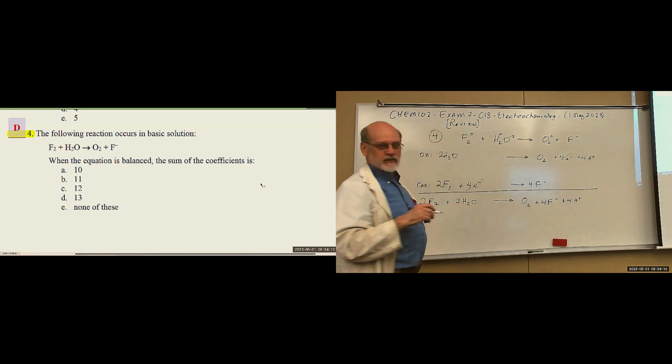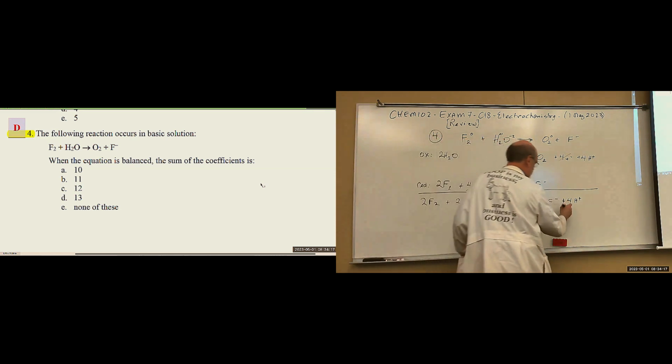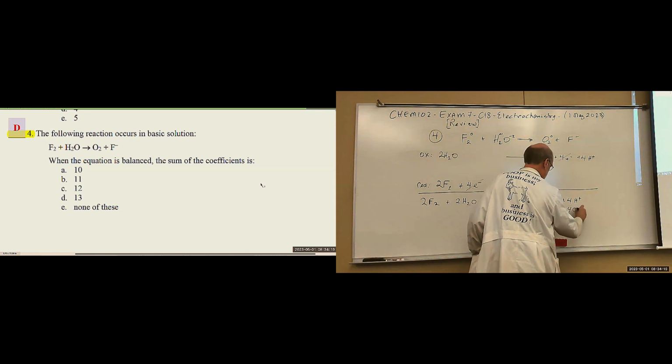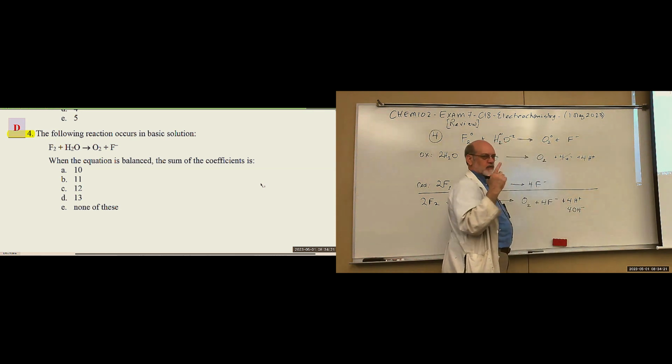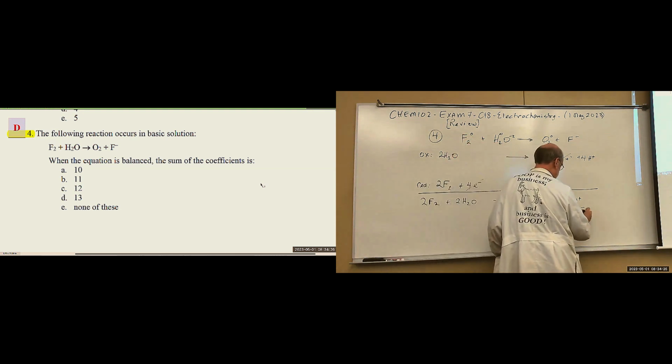So now how do we convert it to basic? Add hydroxyls. We need 4 hydroxyls here. Why? Because 1 hydroxyl and 1 hydrogen equals 1 water. So we put these together, and that makes 4 waters.